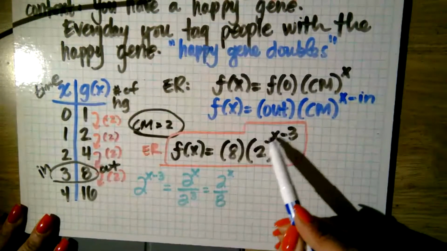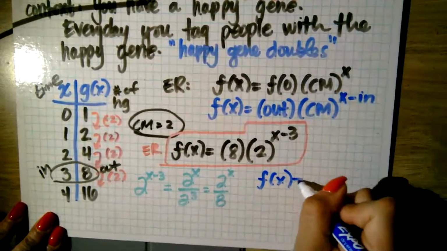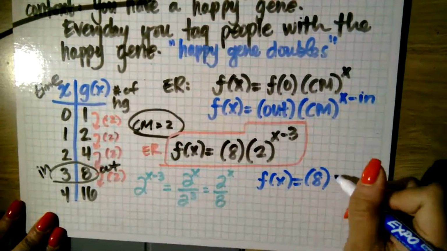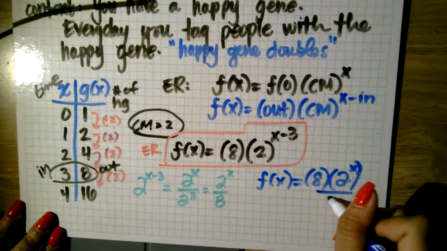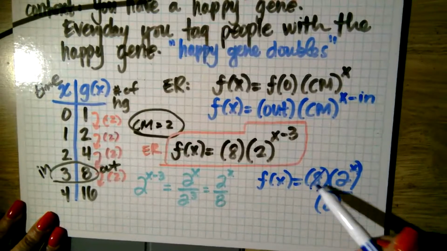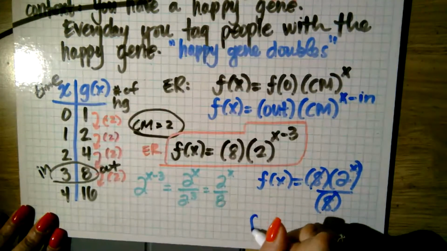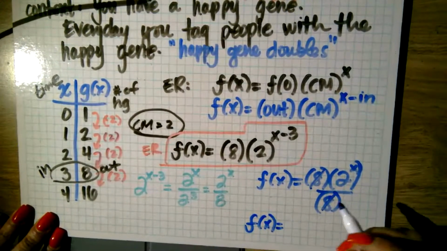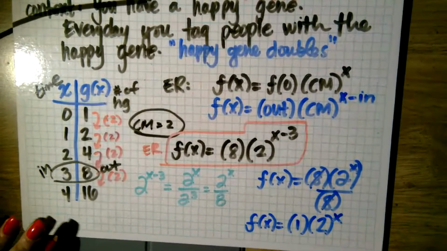Instead of writing 2 to the x minus 3, I'm going to write it like this. So I have f of x equals 8 times 2 to the x over 8. Now here, the 8's cancel. And what am I left with? I'm left with f of x equals 1 times 2 to the x.